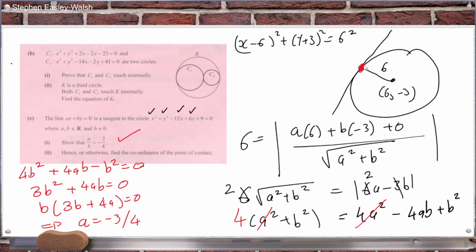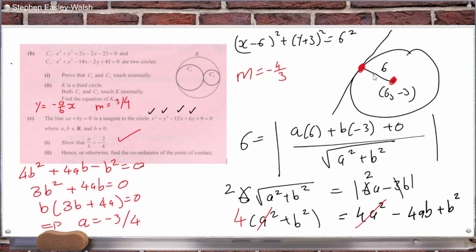Well, let's think about slopes. We know the a over b now. And if we were to rewrite this, you would see that y would equal minus a over b times x. So the slope of this line is minus a over b, so it's 3 over 4. So it means the slope of this line is minus 4 over 3.